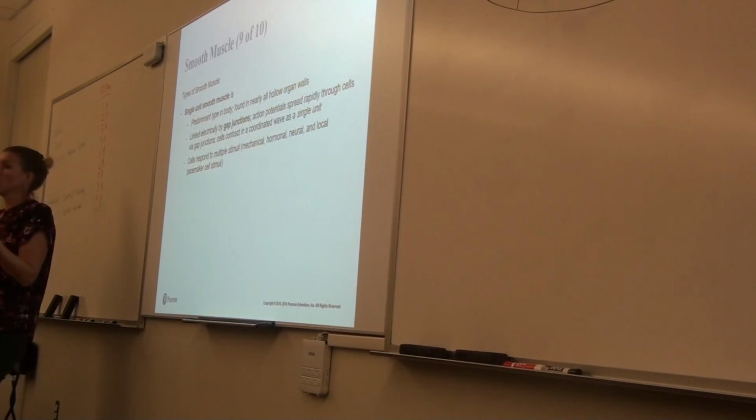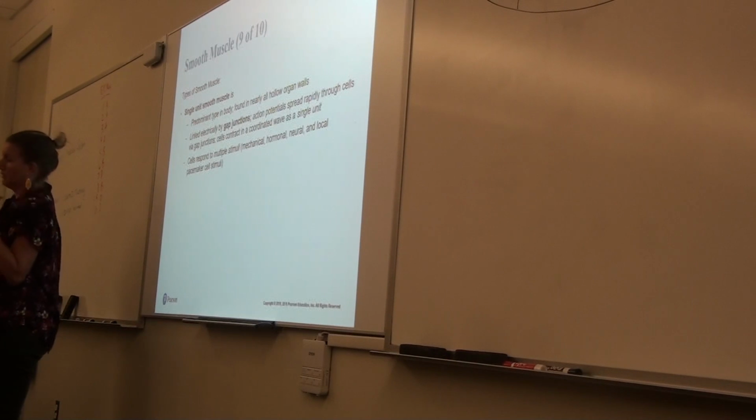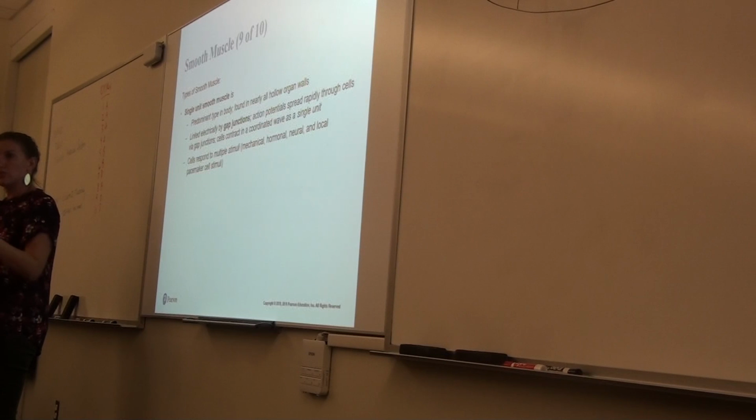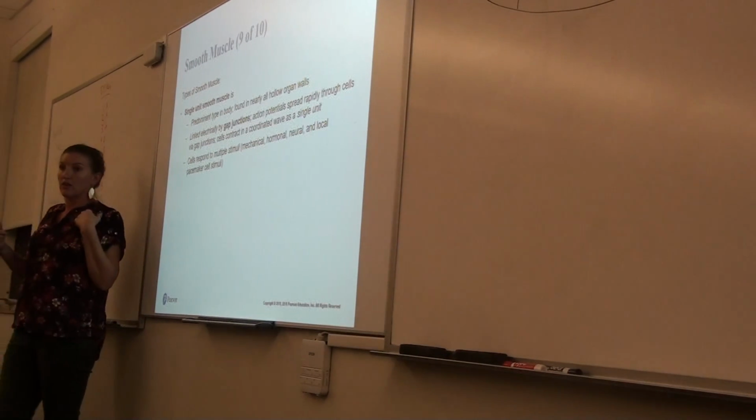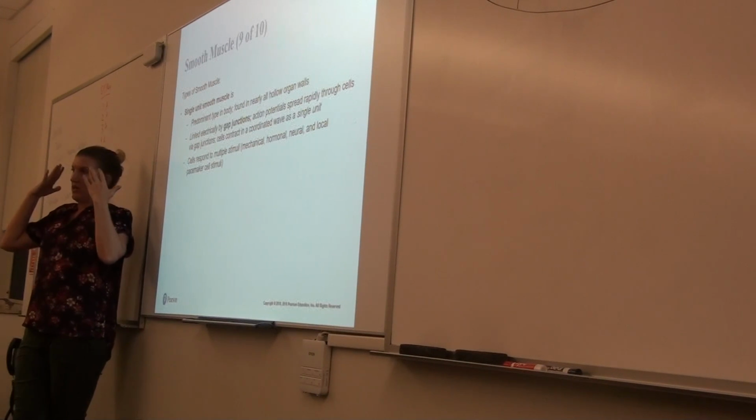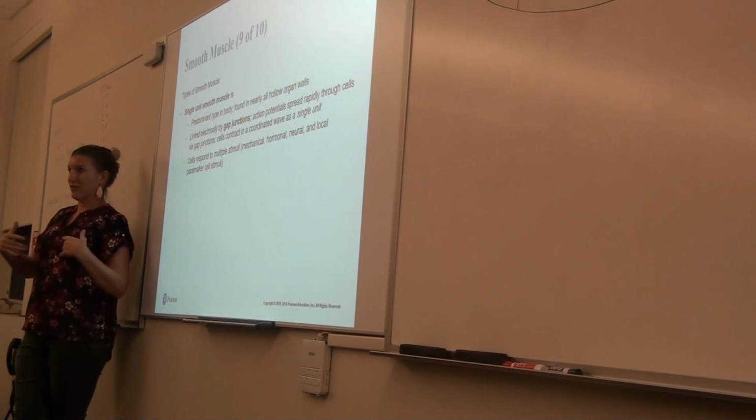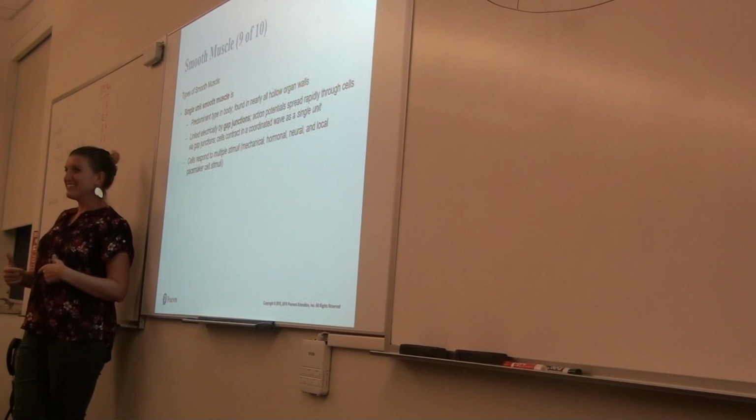Smooth muscle can be controlled through local communication. They can coordinate their contractions through those gap junctions, and they can respond to more than just one stimulus. So even if your nervous system is saying, I'm not hungry right now, your hormone system can say, yes you are, and make your stomach start churning.